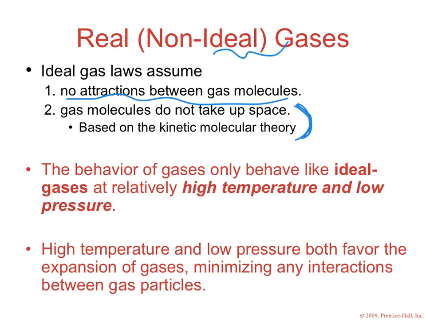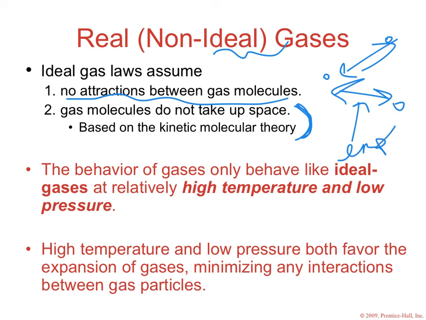But also one of the assumptions in the kinetic molecular theory, which we covered on the first day, intro to gases, is that the gas molecules themselves take up negligible space. And that's because there is so much distance between gas molecules that most of the space is simply empty space, and that the volume taken up by the gas particles themselves is negligible.